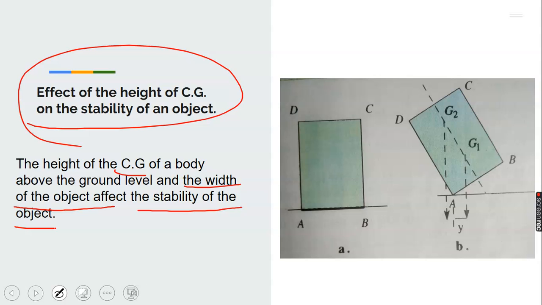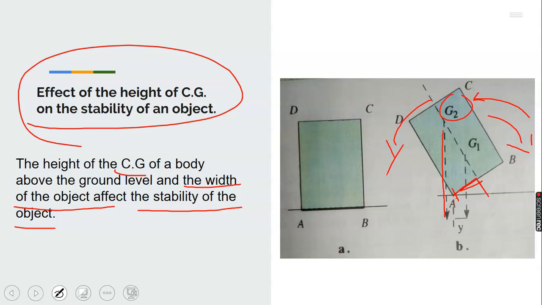When the center of gravity is here, you can see when it is slightly displaced, inasmuch as the line of action is still within the radius of the base, this object will fall back to its original position. But when the center of gravity is high enough such that the line of action is outside the radius of the base, the object will fall off. That is the effect of height of center of gravity on stability of an object.